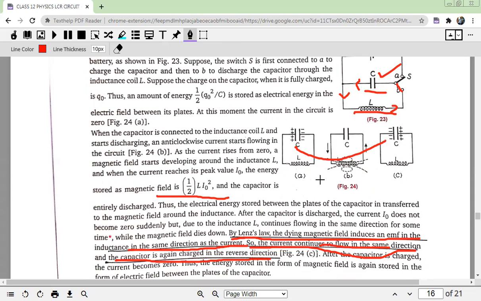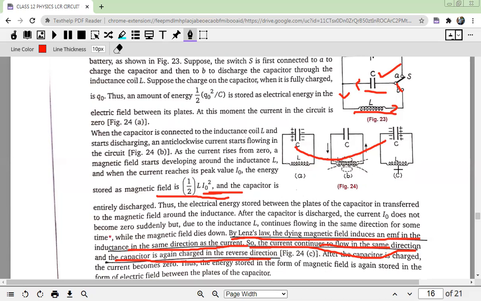What will happen to the current? Current is decreasing from I naught. It decreases from I naught and becomes zero when the magnetic field within the inductor is zero. At that instant current will become zero and the capacitor will be fully charged.